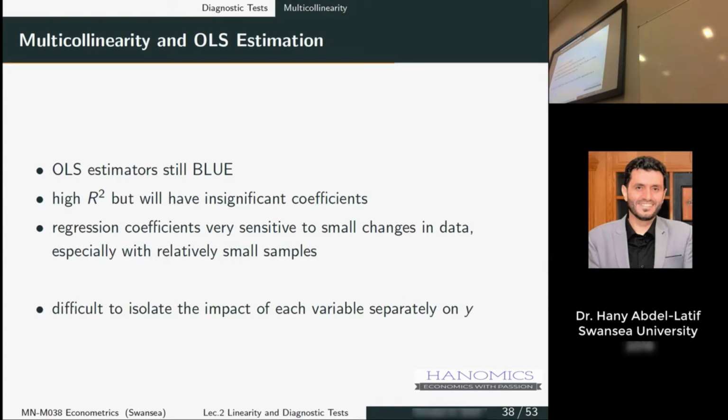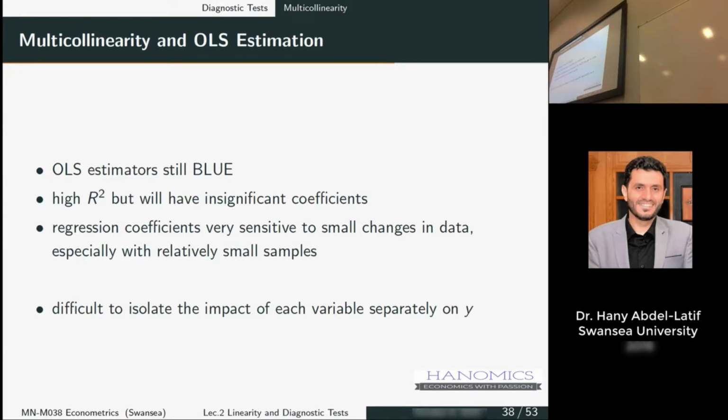Even if you expect a statistically significant relationship, or theory tells you that price should affect quantity demanded, income should affect consumption, or education should affect how much wage you receive. This is all what we learn from economic theory. And then we use data, estimate the model, and oh, actually, there's no relationship between these variables.